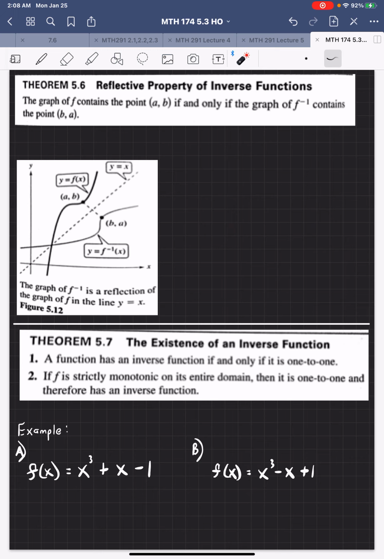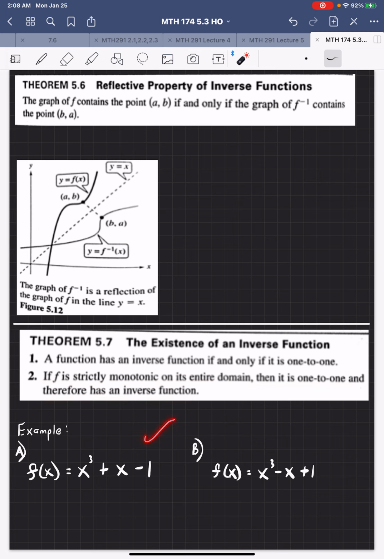But notice that this graph is monotonic because it's always increasing. So this theorem says if your function is strictly monotonic over its entire domain, then it is one-to-one. And we already know if it is one-to-one, then it has an inverse function.